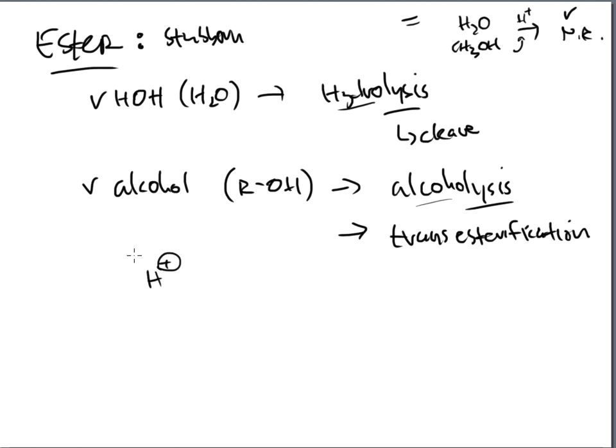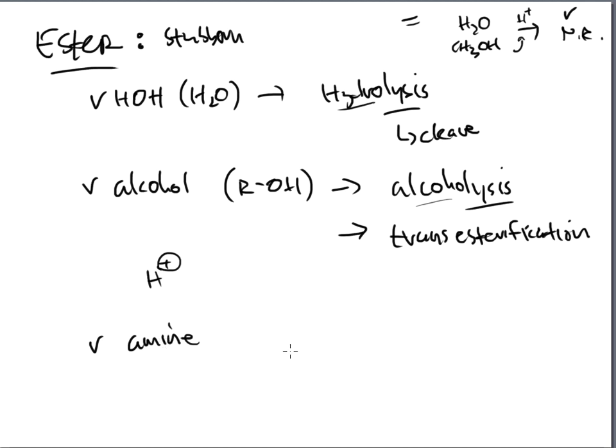Now, there is a third reaction, and this third reaction, guess what, is with an amine. So we can react esters with an amine because that amine is at the bottom of the nucleophilicity chart. We know that it can come in. We know that it can substitute for things, and ester is no exception. So we do have an amine-related reaction that we can talk about with our ester groups.